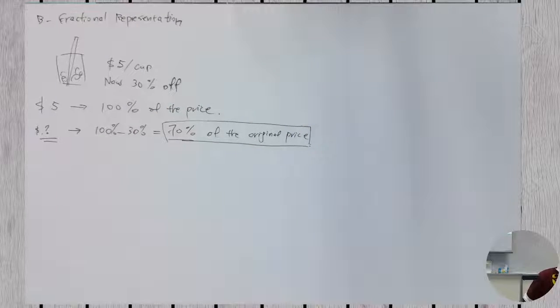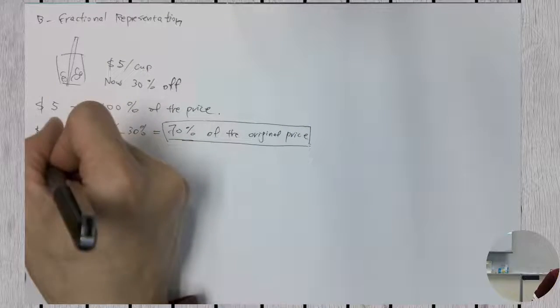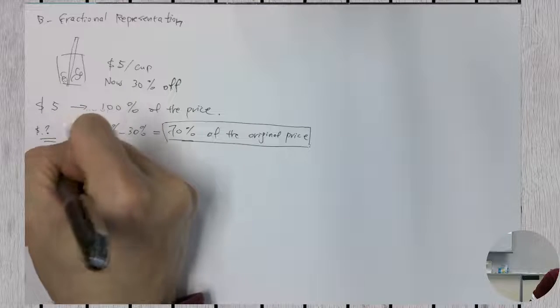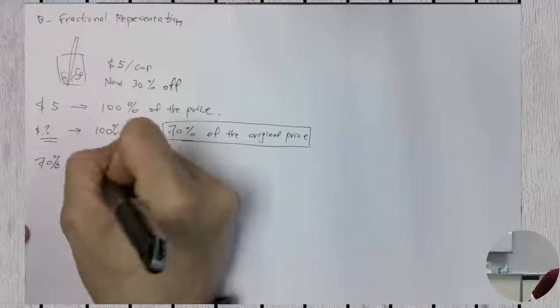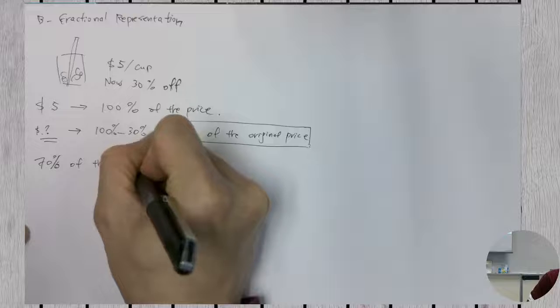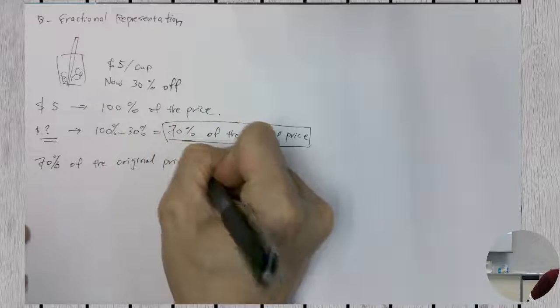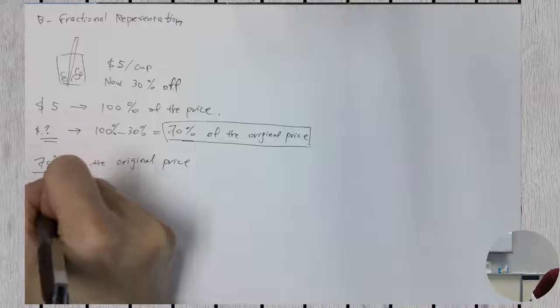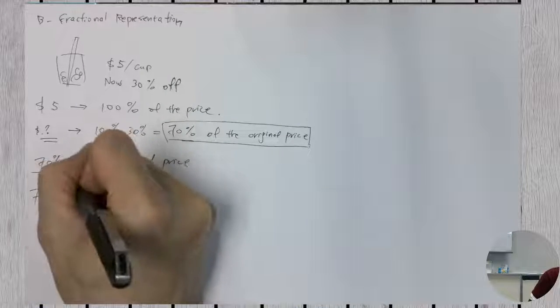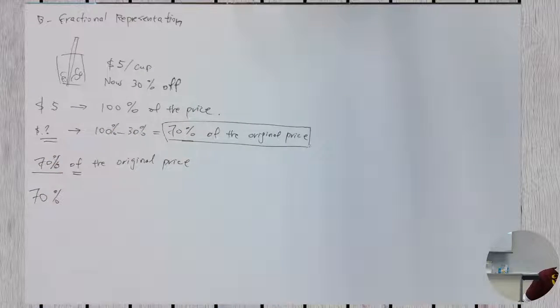Let's translate that into math, okay? 70% of the original price. 70%, it's math already, so let's put that. Do you guys know what is off in math? Do you guys know what is off?